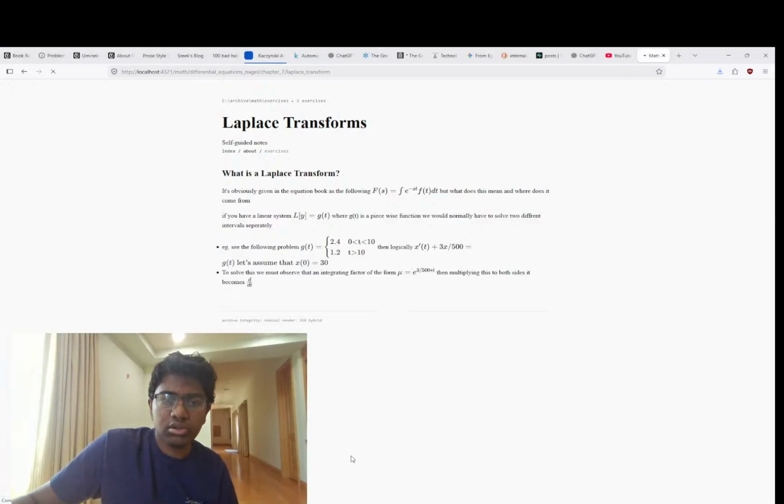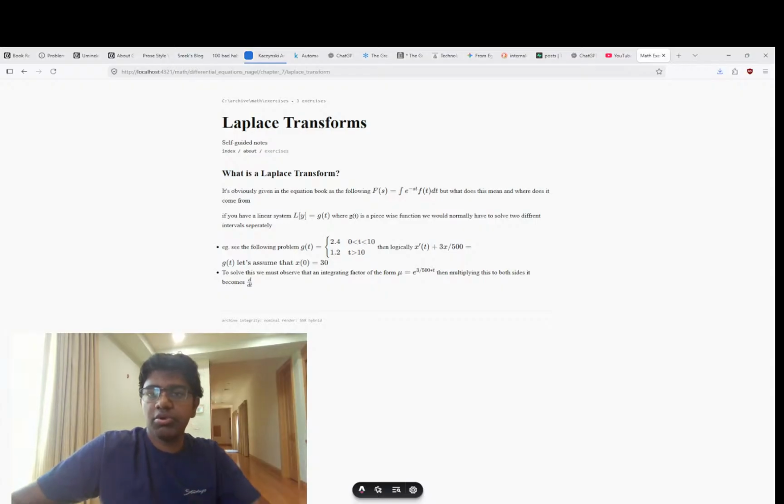Then we can put some parentheses, and it's going to be mu, so e to the 3 over 500 t, multiplied by x of t. And if you multiply this out, it's just mu times x of t. I cannot speak today.